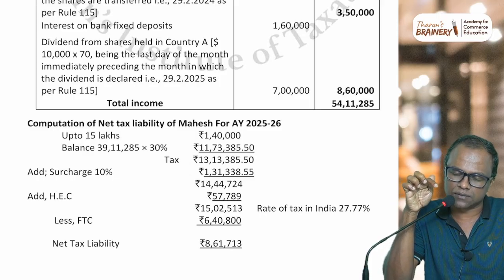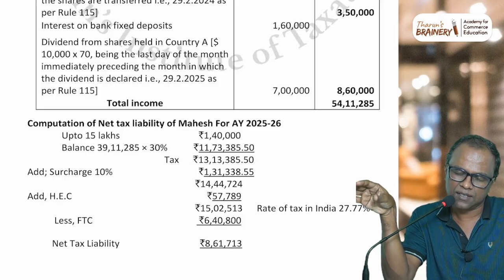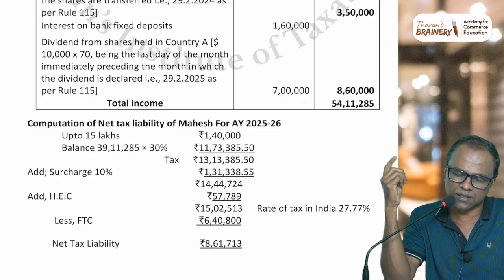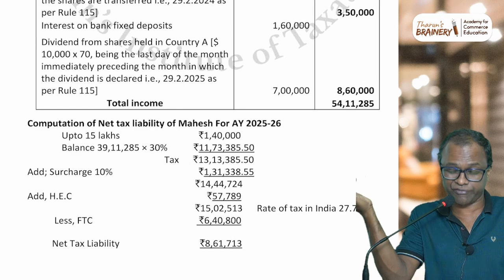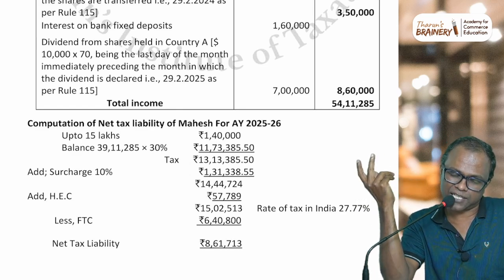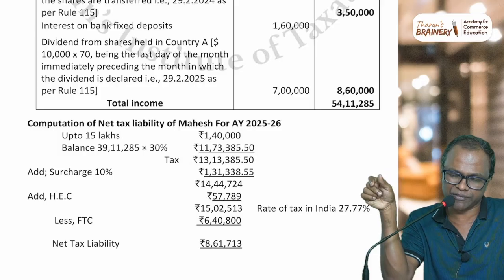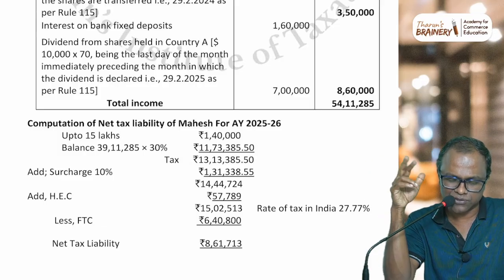Indian tax rate applied on country A foreign income, what is the tax? Compare it with the actual tax paid in country A, whichever is lower is country A relief. If there is country B, what is the rate of tax in India for the income applied on country B? Then compare with the tax payable for such foreign income in country B, whichever is lower is country B relief, then country 3 relief. So like that we have to do.